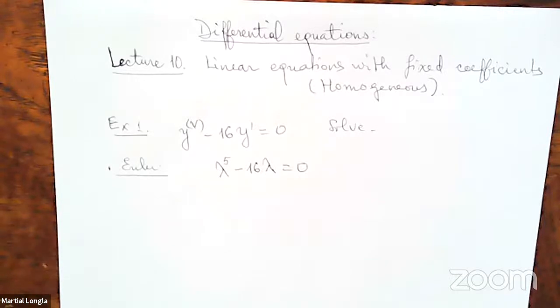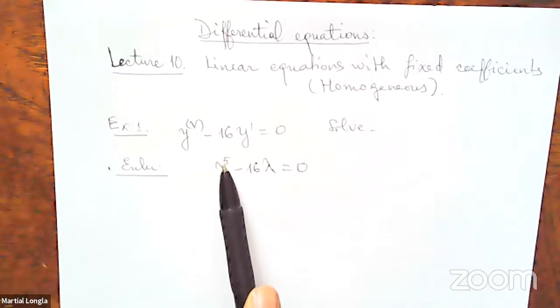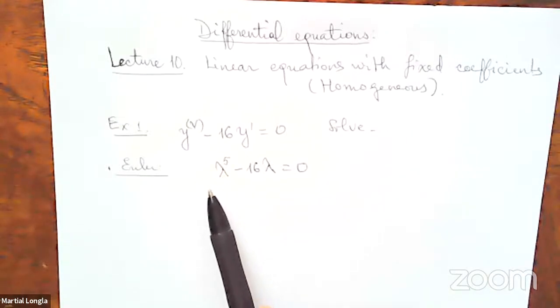Now, when you have such an equation, you must have as many solutions as the order of the equation. So that's power 5, that's the order. So you must have 5 solutions. If you solve that and you don't see 5 solutions, then you messed up somewhere.